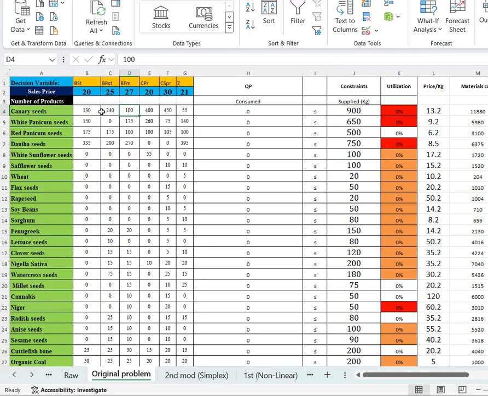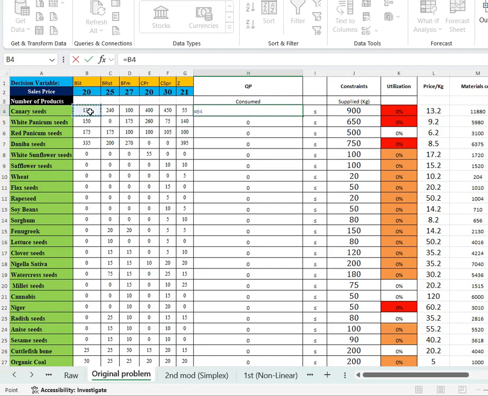So how about the consumed material? How much will I consume when producing just one package of each product.